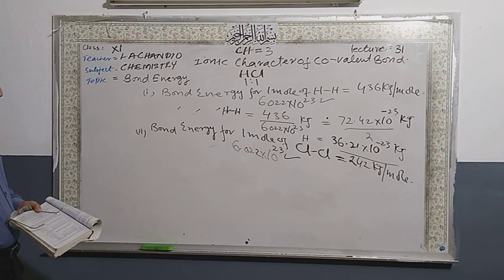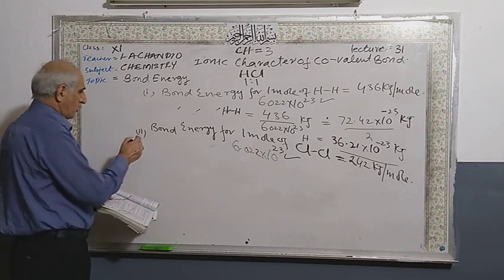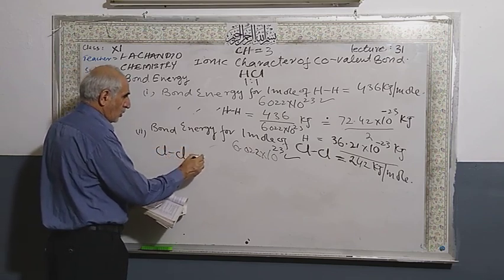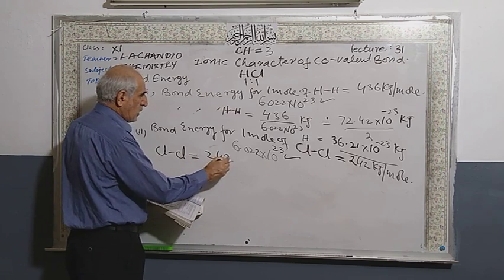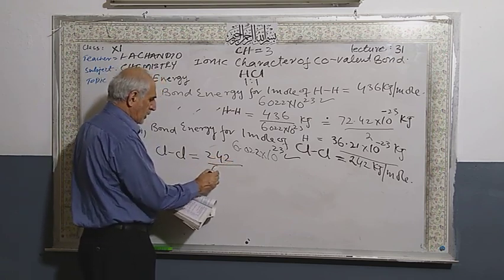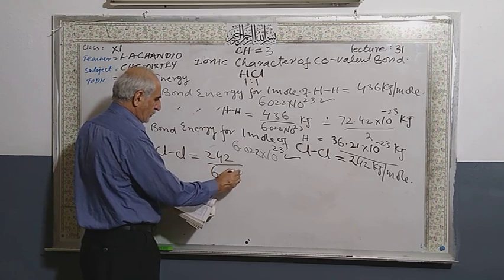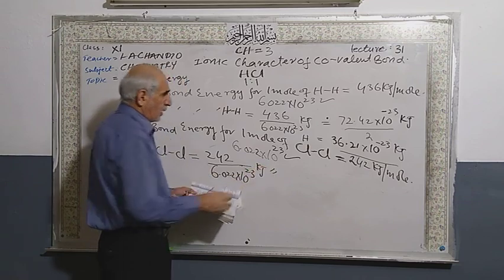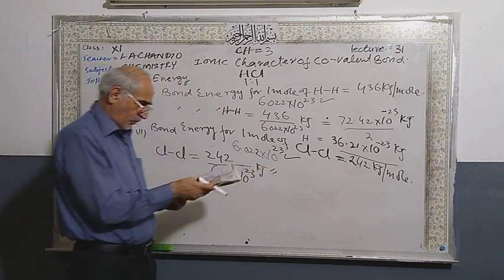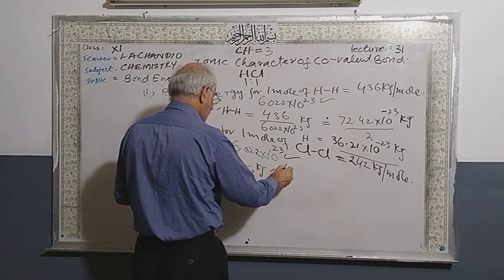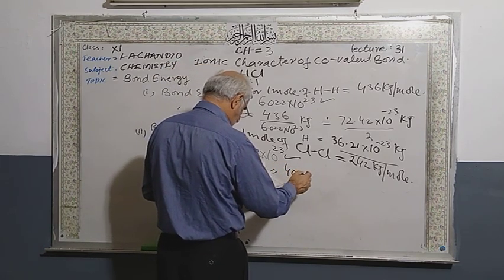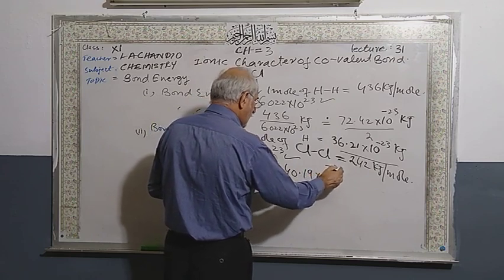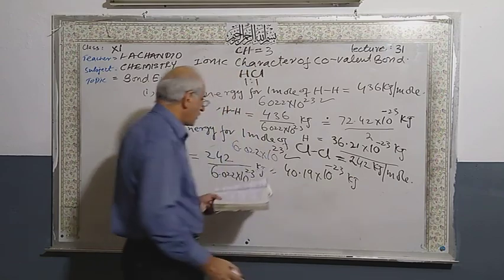So the same procedure for chlorine and chlorine: 242 divided by Avogadro's number. This will be equal to 40.19 into 10 raised to the power minus 23 kilojoules.